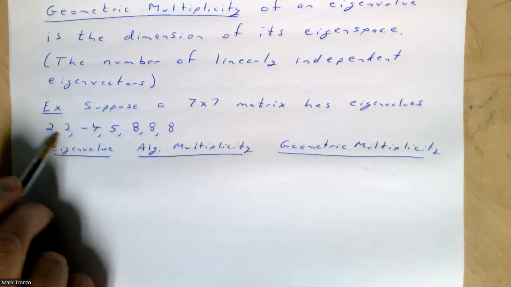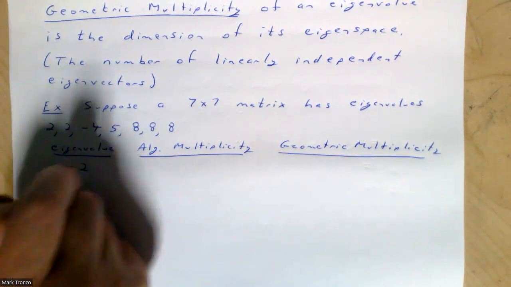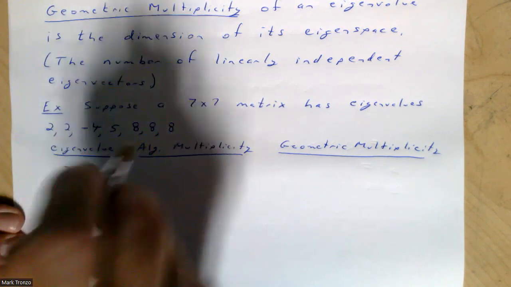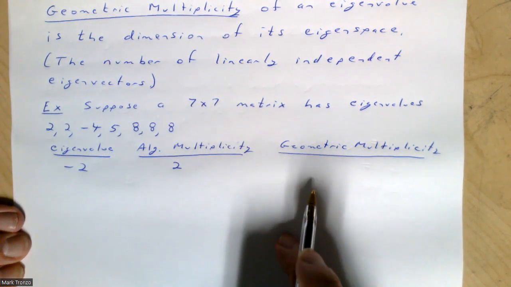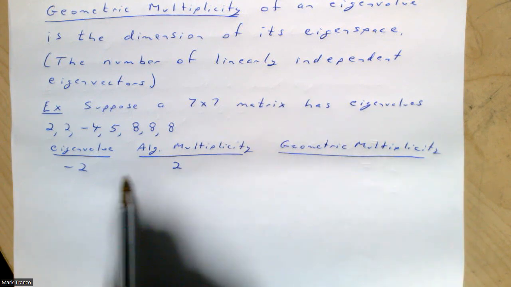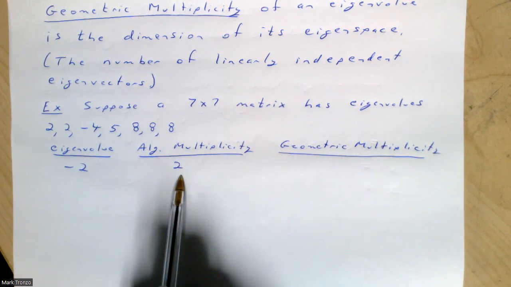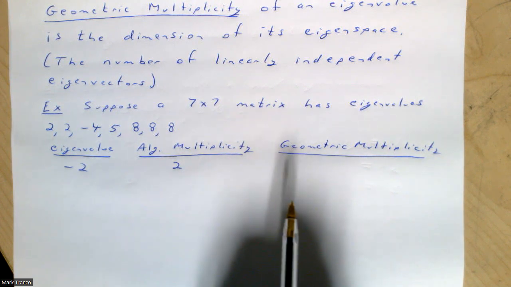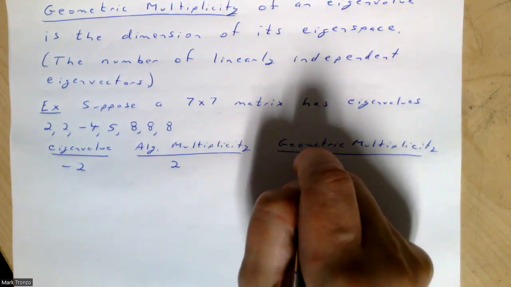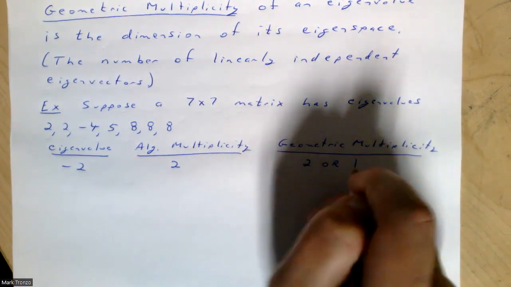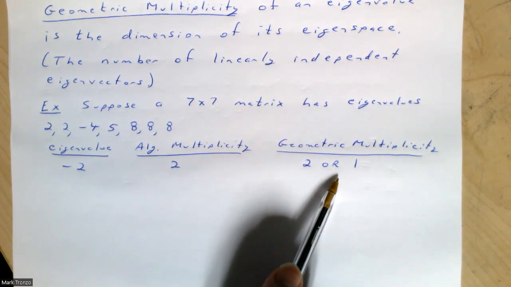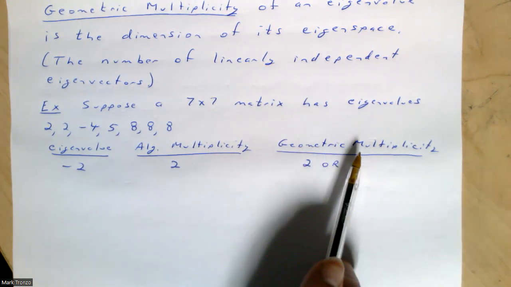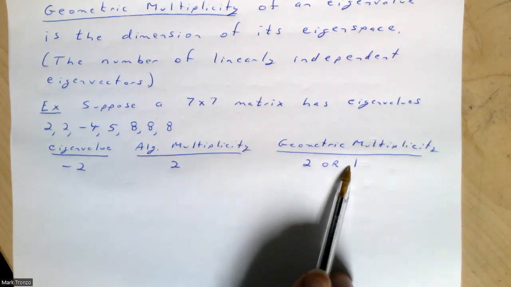And so for, let's say, the eigenvalue 2, remember it repeated twice, so the algebraic multiplicity was 2. Now you could have one eigenvector, or you could possibly have two. Without actually doing the calculation, you're not sure. So this is going to be 2 or 1. You always have to have at least one eigenvector. So your geometric multiplicity for any eigenvalue has to be at least 1.